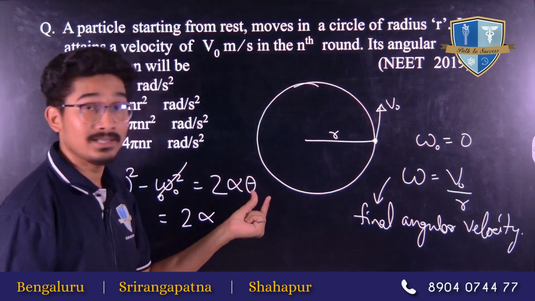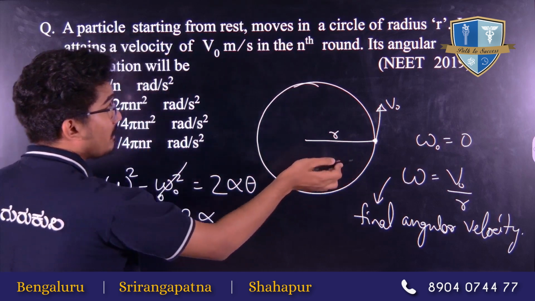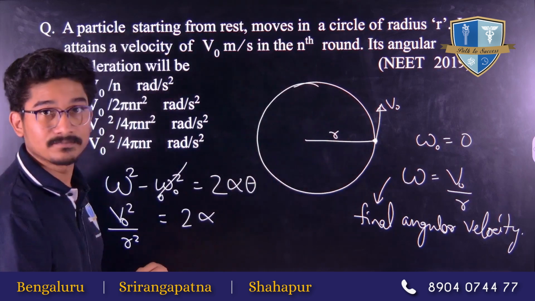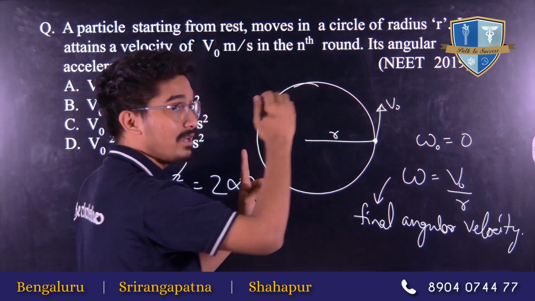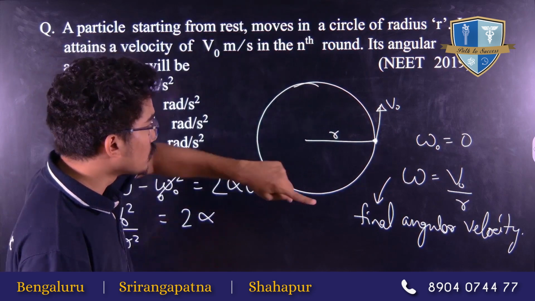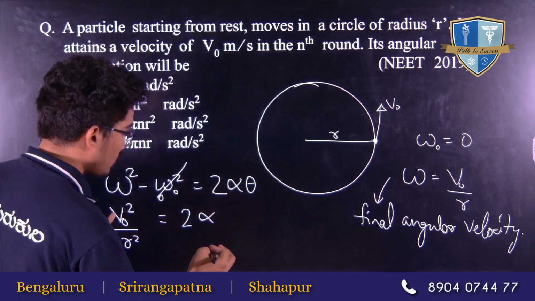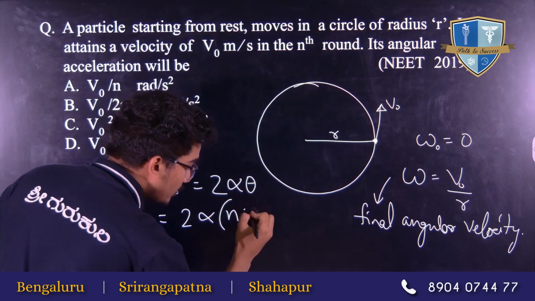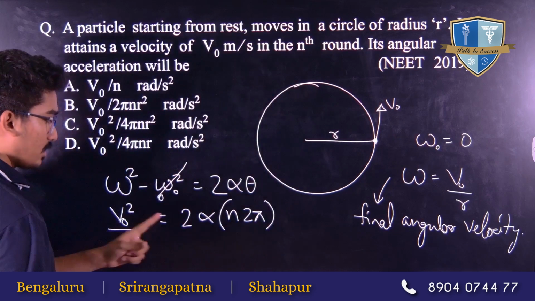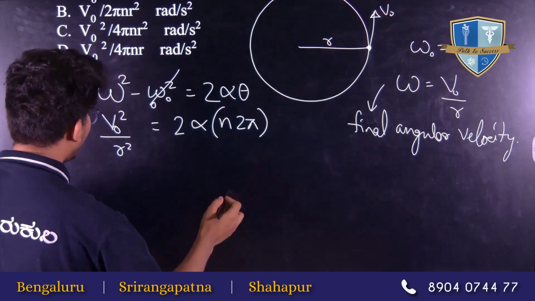What is the angle it has rotated to attain this velocity? To attain this velocity we have rotated n times. So in one circle how much angle do we complete? 2 pi, meaning 360 degrees. So for n rounds we will complete n times 2 pi. So our theta will be n times 2 pi. Correct? Now the only unknown is alpha, so from here we can calculate alpha.